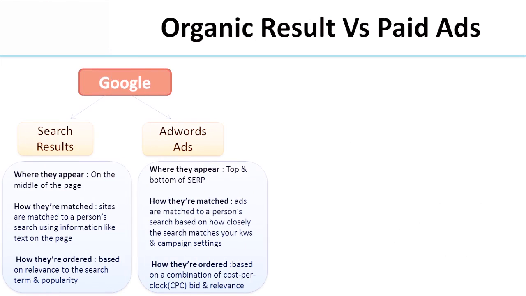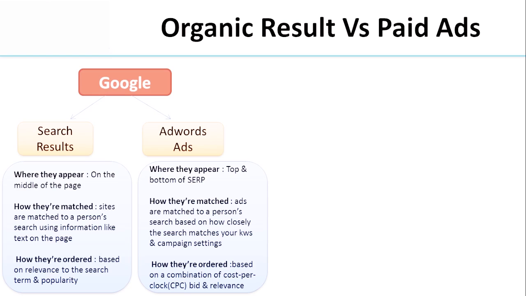Now let's differentiate between organic results and paid ads. There are two kinds of results which are reflected by Google: search results and AdWords results. Search results are the results picked up by Google on the basis of matched keywords, and the relevancy of the keywords input by the user also matters.